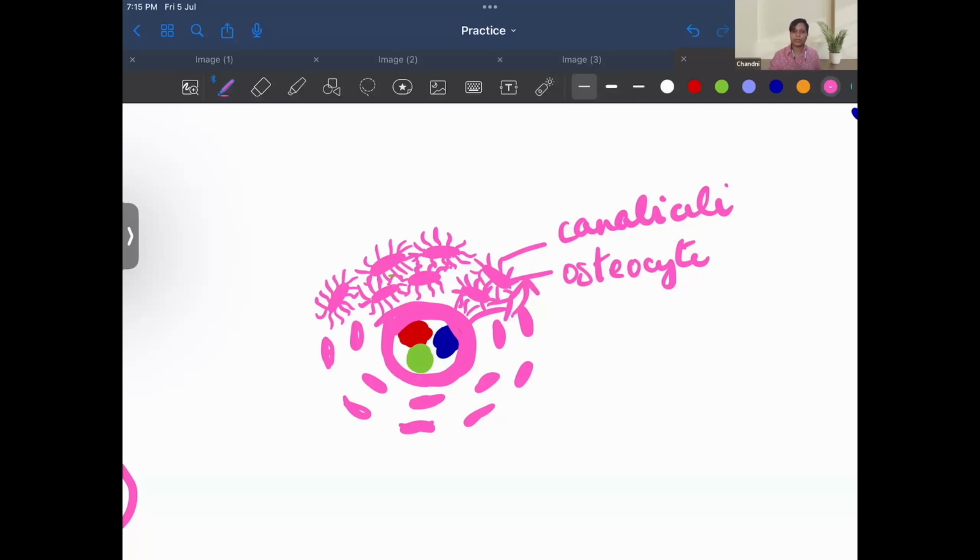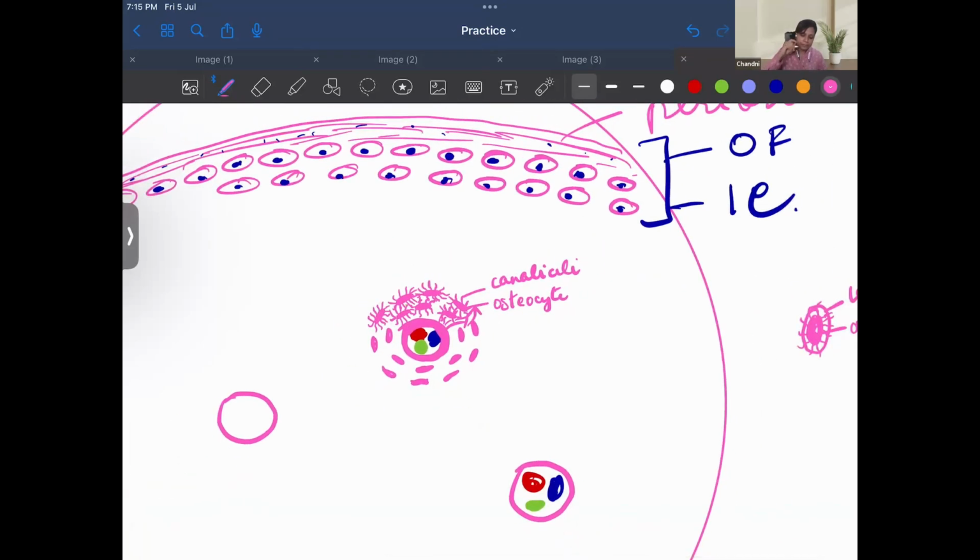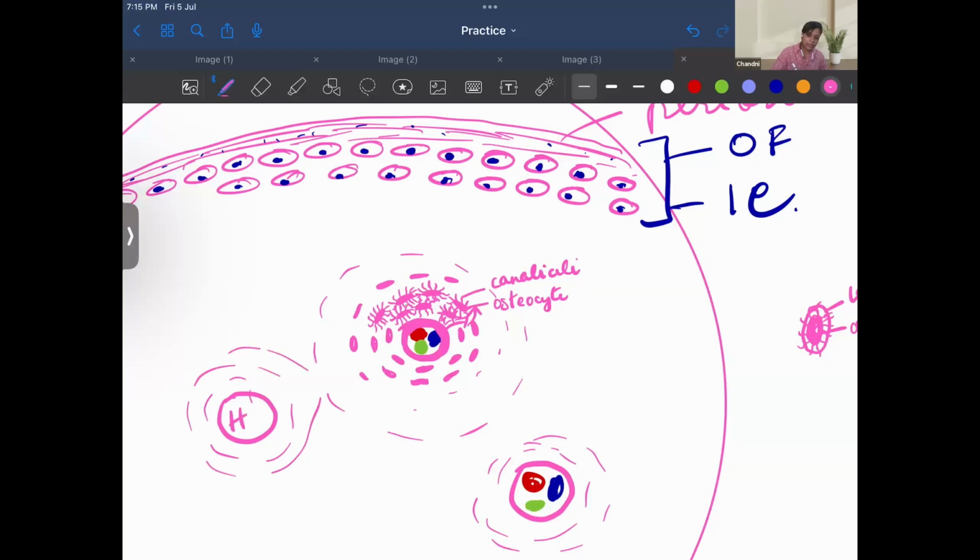So even nourishment passes through these canaliculi. Okay. Now what has to happen? This same process, so when you draw a few more, okay? Not just this many. Draw a few more like this. And then here also, and then here also, same thing. Haversian canal.